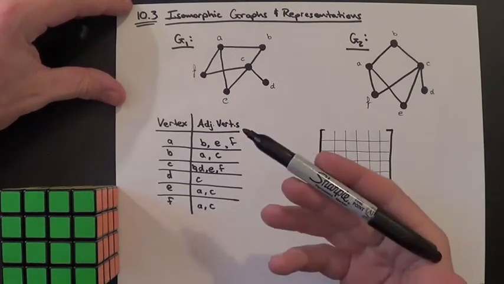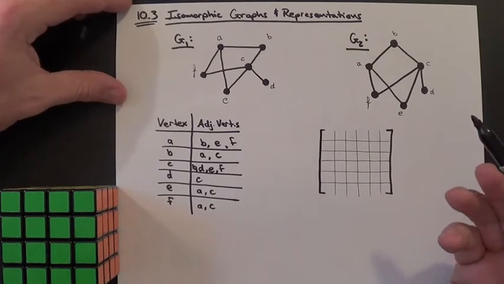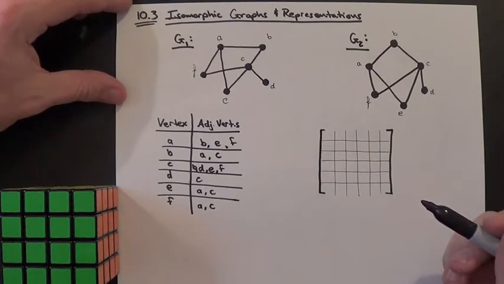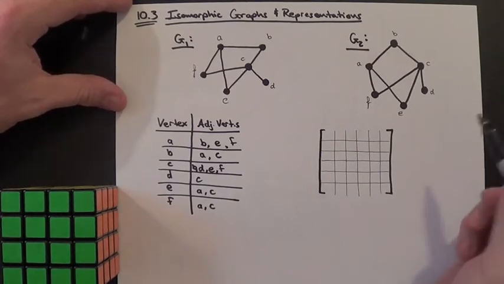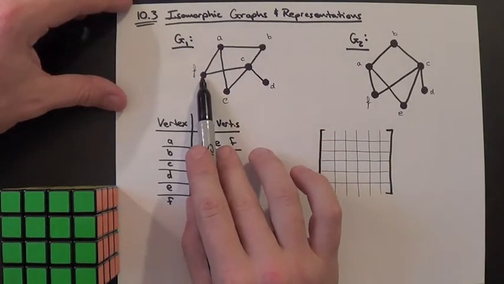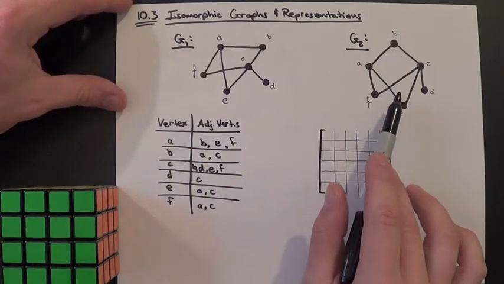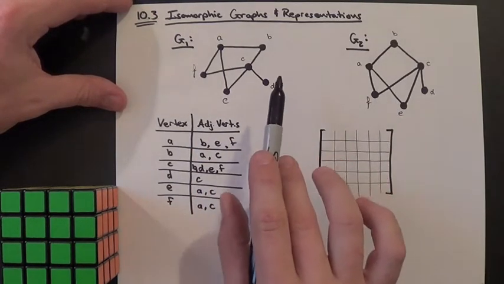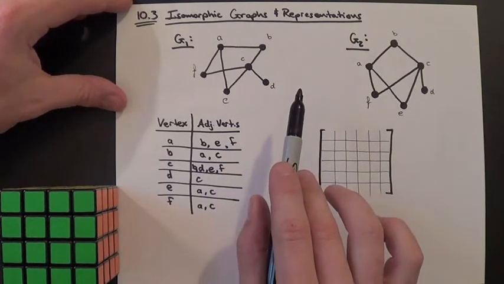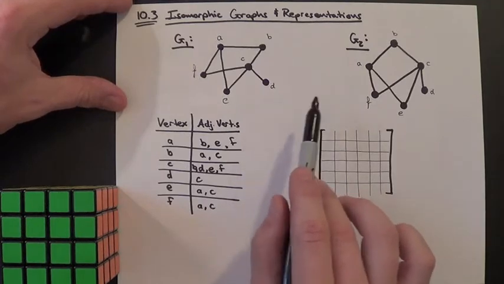The precise definition, of course, is much more complicated. It's not too much more complicated. Basically, it states that there has to be a function between vertices that takes each vertex in G1 to a vertex in G2 that is injective, so the function must be one-to-one, and it must preserve the connections.